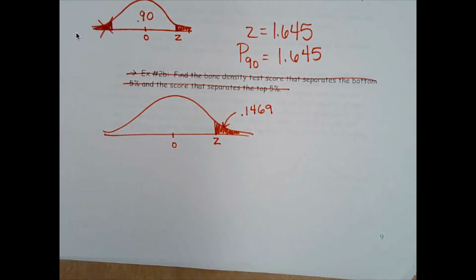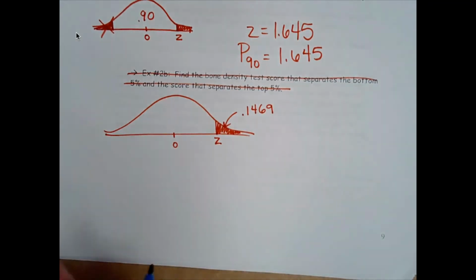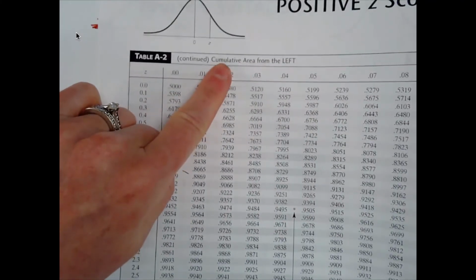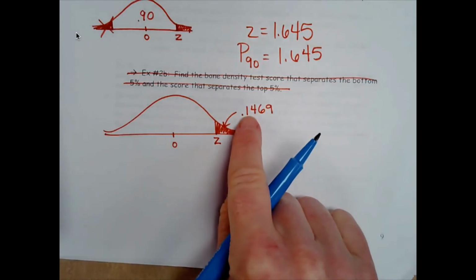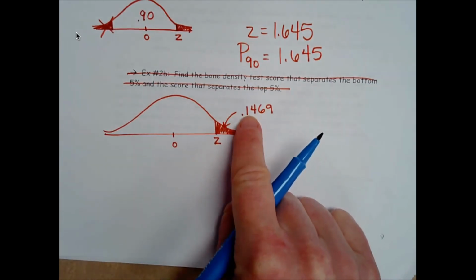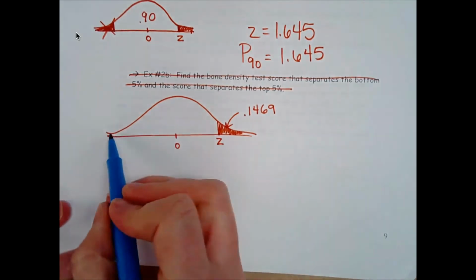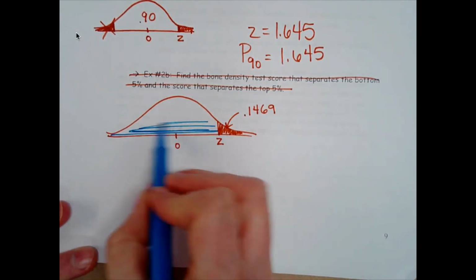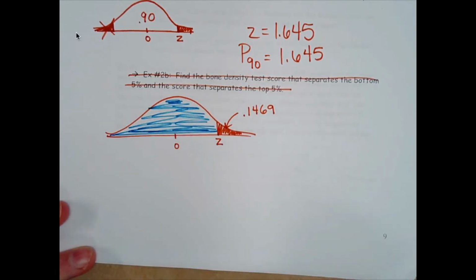Okay, the only thing that this one is different from the others and from the table is this says area from the left. I could use this and get a negative z-score and make it positive, or I could go ahead and subtract, because I actually want to find out what this area is so I can find my z, because that's what the table uses.